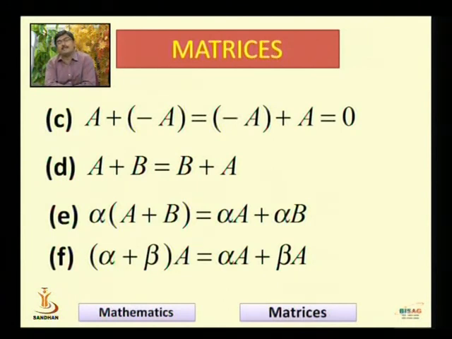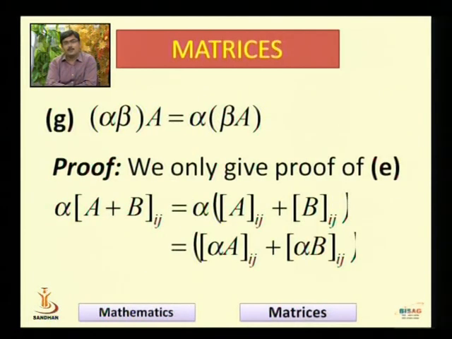And the property number F that we have written, that is alpha plus beta times A is same as alpha times A plus beta times A. And finally, if you first multiply the scalars alpha and beta and then perform the scalar multiplication of alpha beta with the matrix A, or you first multiply the matrix A by scalar beta and then again multiply the resultant matrix, that is, let us call it beta A, by alpha, the results remain same.